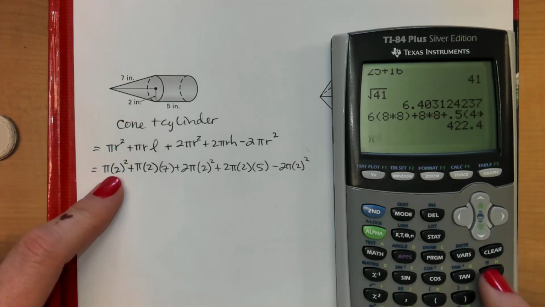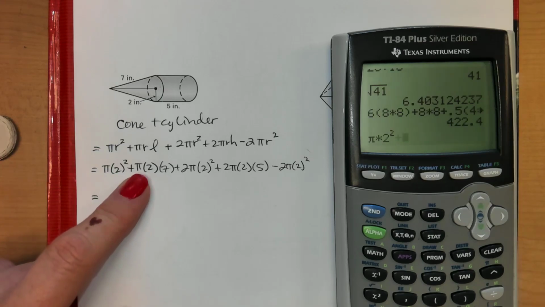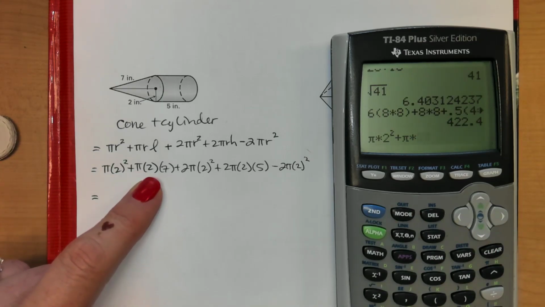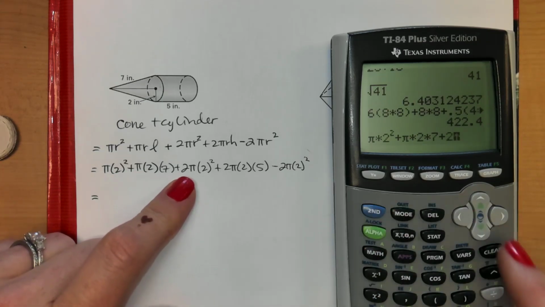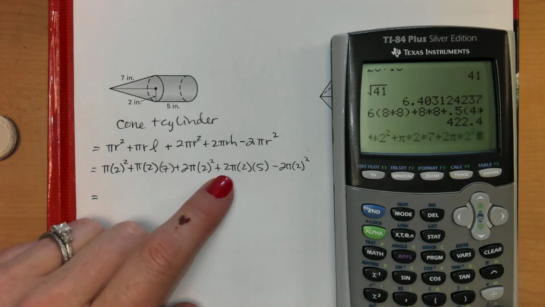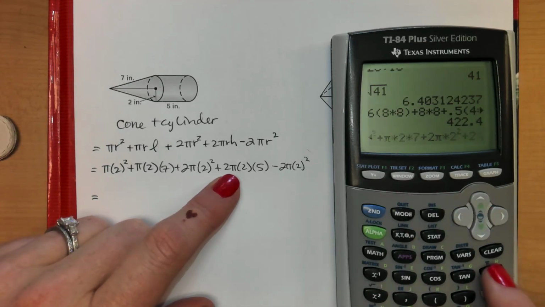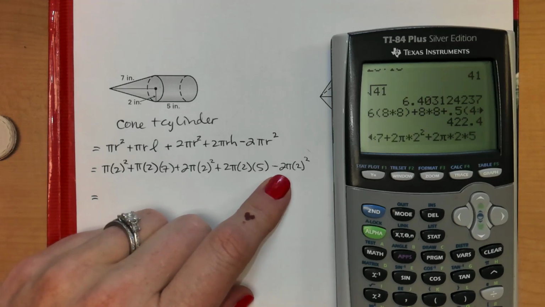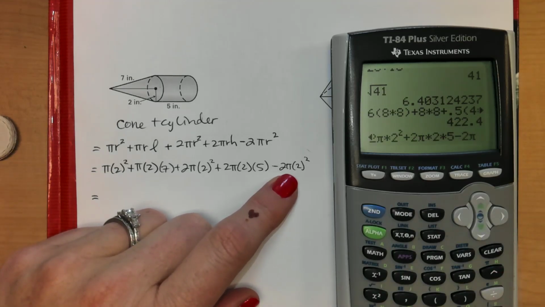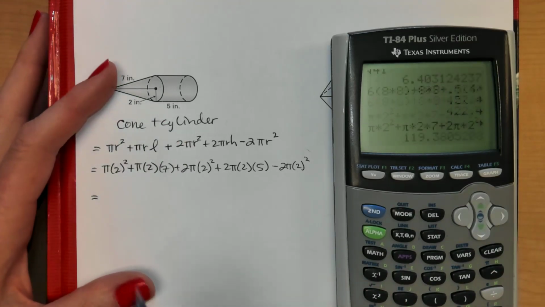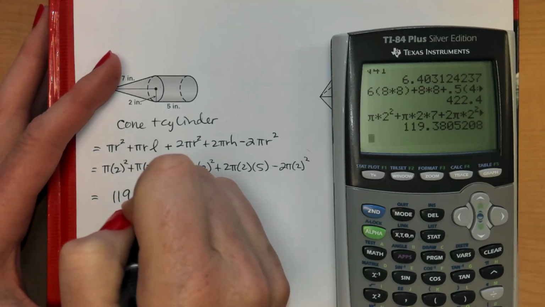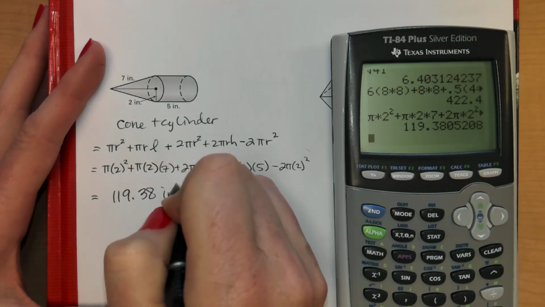So first up is pi times 2 squared plus pi times 2 times 7 plus 2 pi times 2 squared plus 2 pi times 2 times 5 minus 2 pi and 2 squared. Looks like 119.38 inches squared.